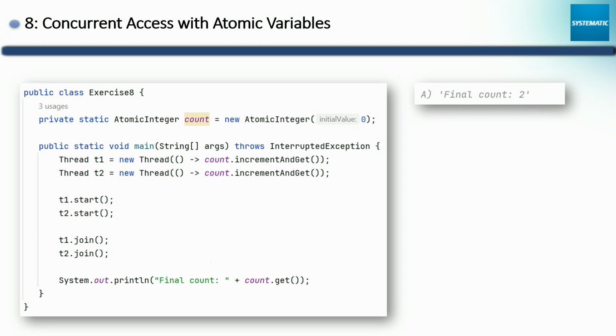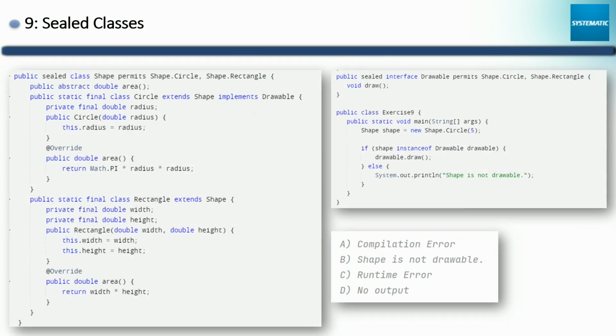So we will get 2, because both of them will be executed, and both of them will increment that value. So this is why we get a final count equal to 2 in this example, because both threads will successfully increment that atomic variable.